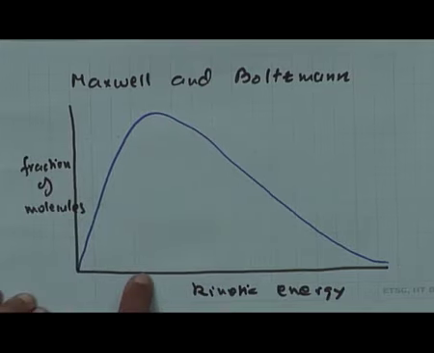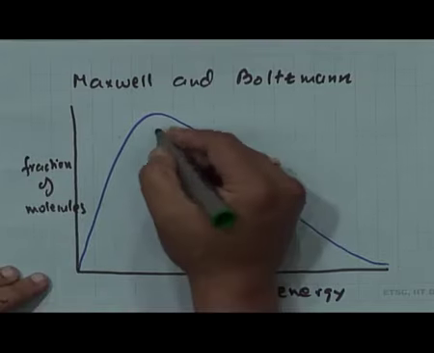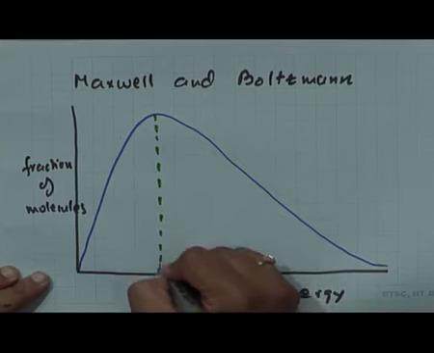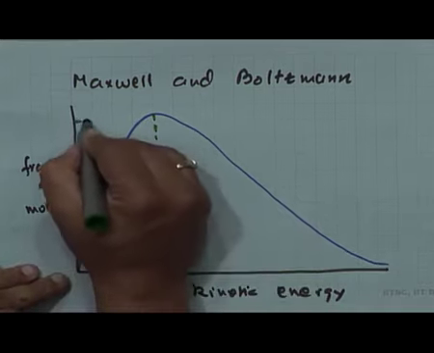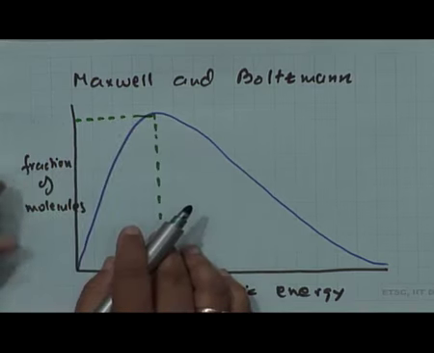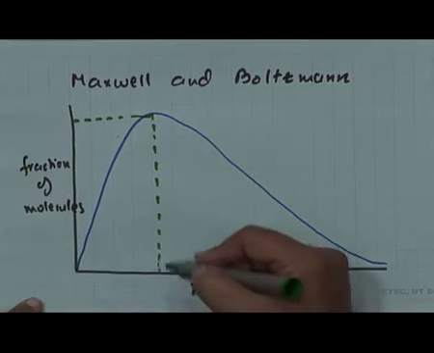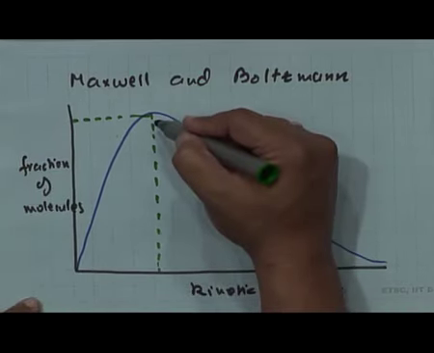So which means that at this value, and I also extend on this side, you can see that the fraction is the highest out here, the fraction is maximum, and here the kinetic energy is also maximum, right.